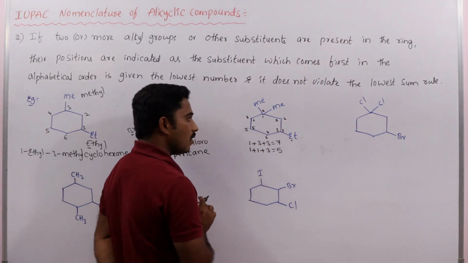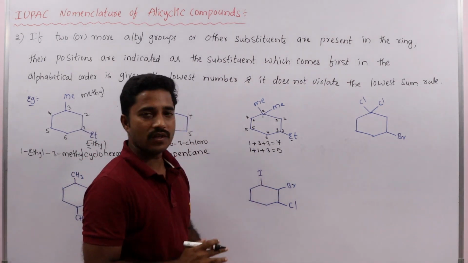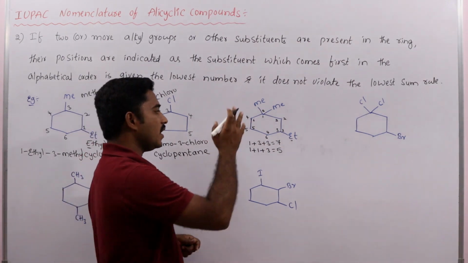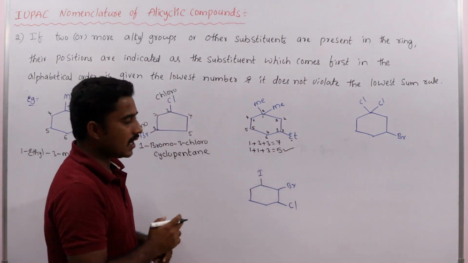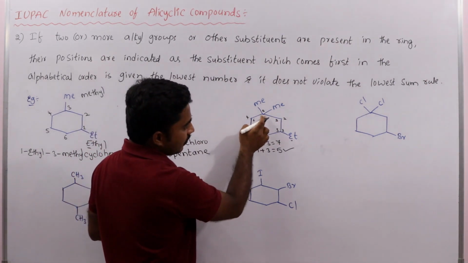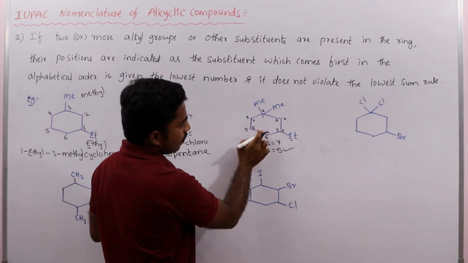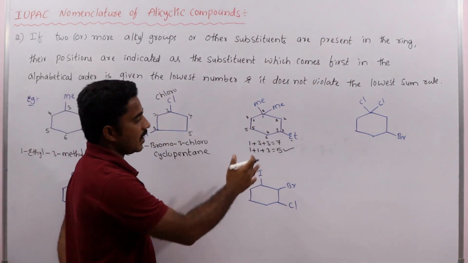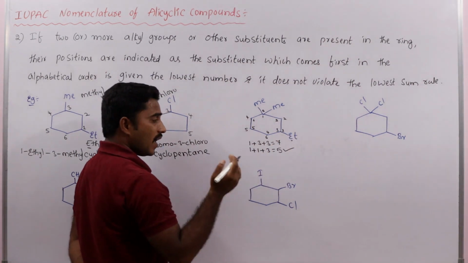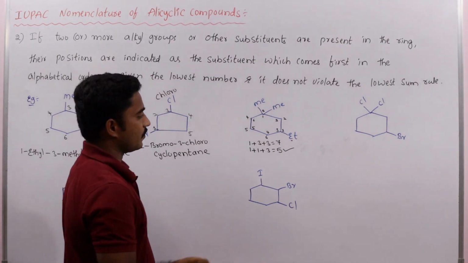Then which one do we have to follow? The lowest number. In whichever way we get the lowest number, that we have to follow according to the lowest sum rule. That's why which numbering is correct? This numbering, the one I gave inside: 1, 2, 3, 4, 5, 6 is the correct one. So give the numbering, and give the name here. While giving the name, we compulsorily have to follow alphabetical order.